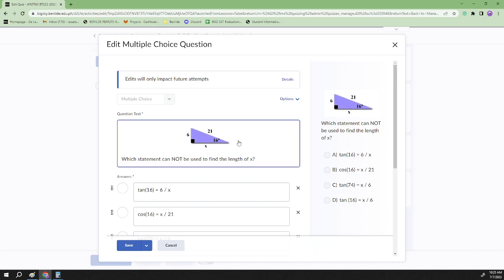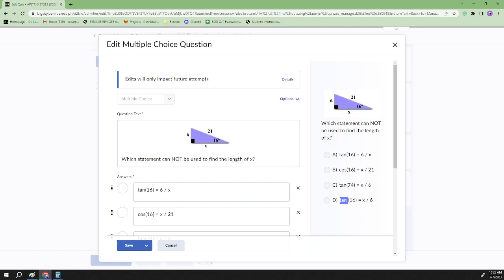Cosine 16 would be adjacent over the hypotenuse. So tama to. Tangent 74. 74 is actually the other angle here. So tan 74 is opposite over adjacent, x over 6. Tama to.